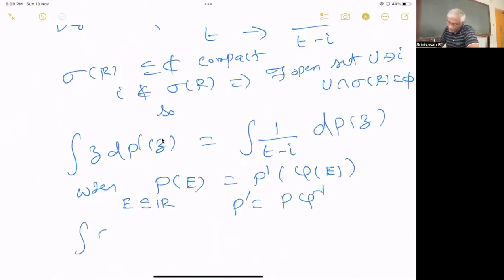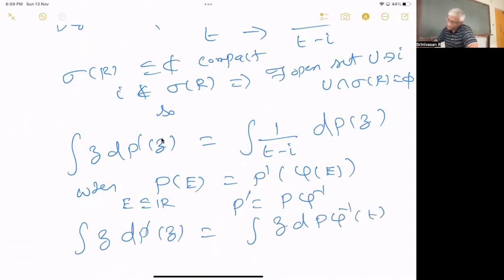So the integral of z d P prime(z) is equal to the integral, which is the same as the integral of z d P phi inverse, sorry, phi inverse(z), which is equal to the integral of the function phi of t dP(t). Is that okay?